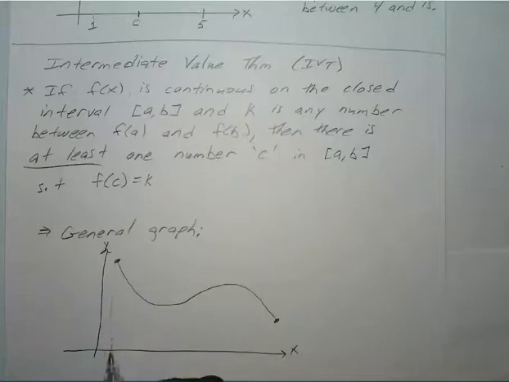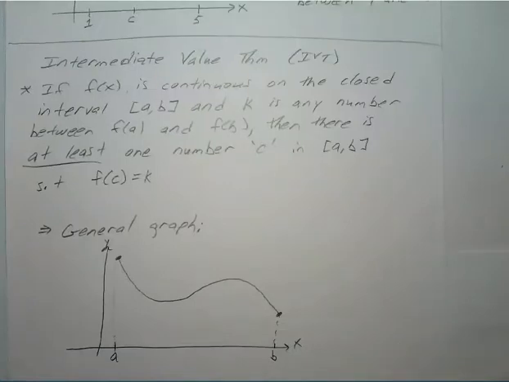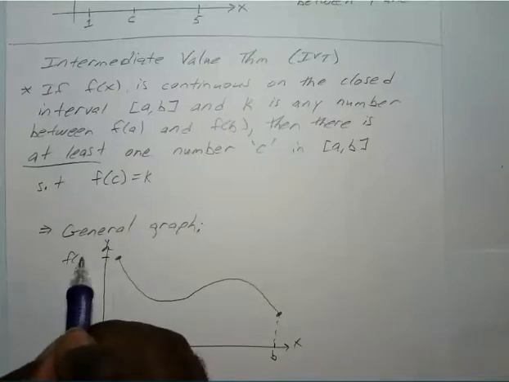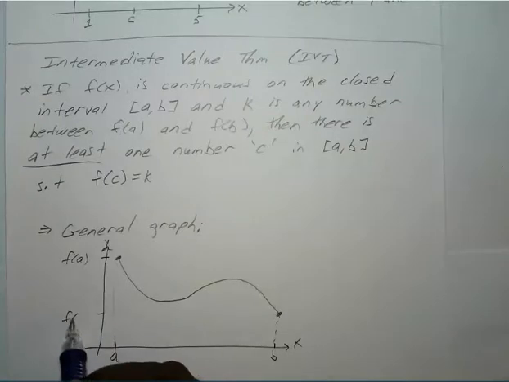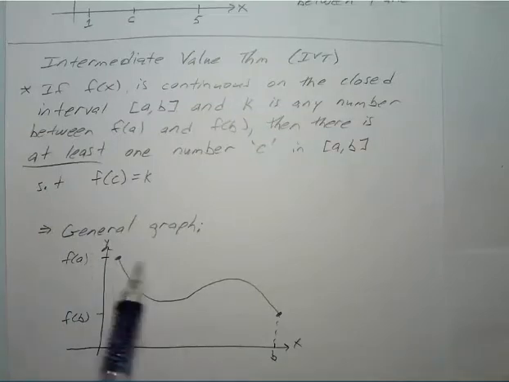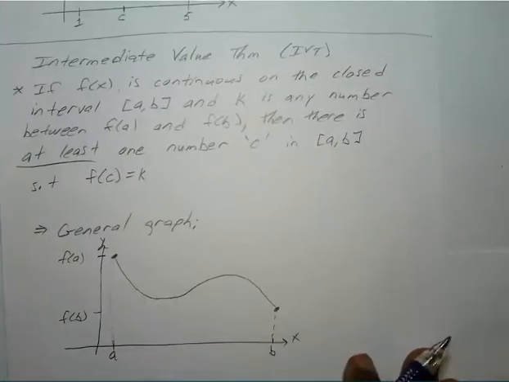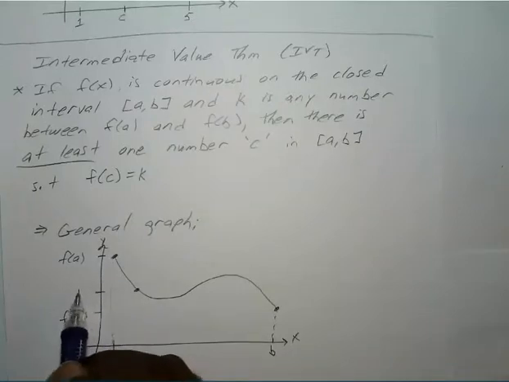This is our interval between A and B, so this would be our f of A, and this would be our f of B. If we pick a k value anywhere between there, it doesn't matter, I'll just pick this k value here.